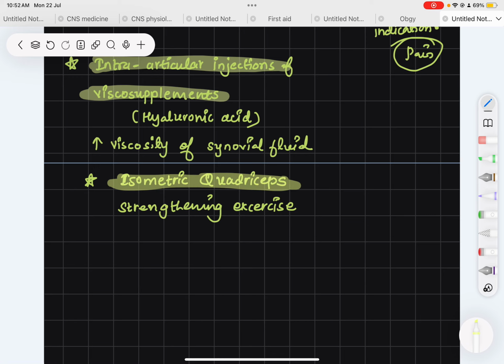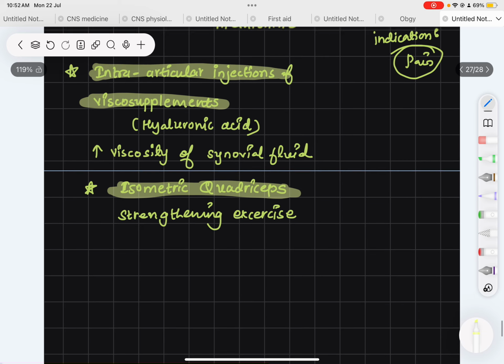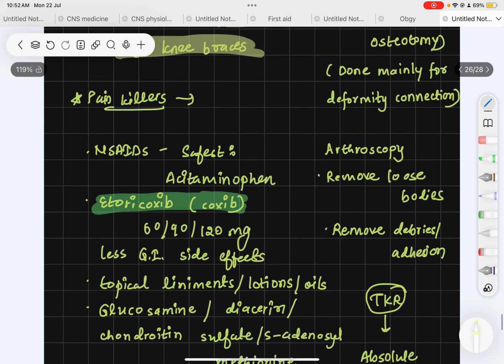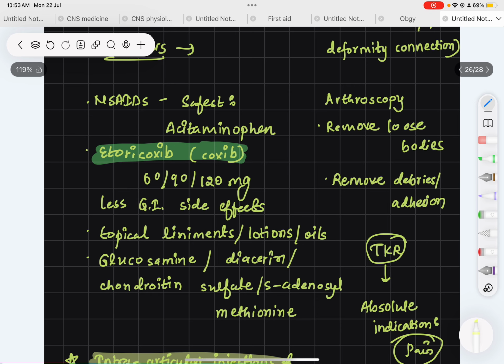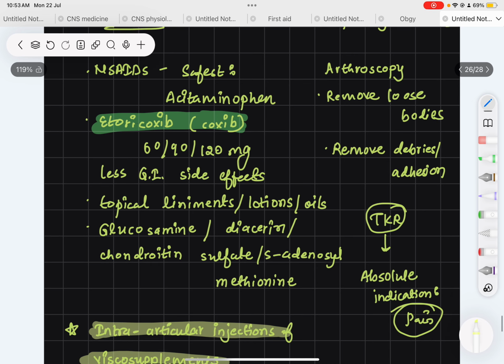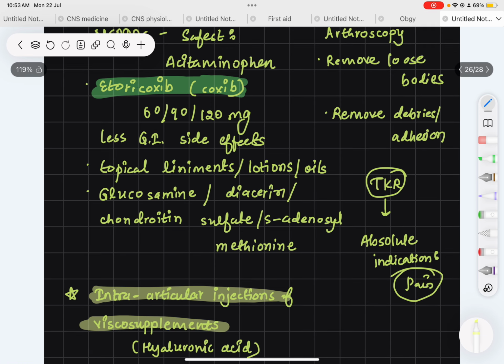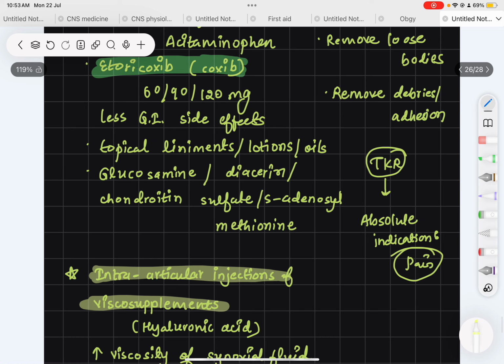And we can indicate some exercises like isometric quadriceps strengthening exercise. Now the painkillers: we can start off with NSAIDs, and the safest one is paracetamol, acetaminophen, and etoricoxib is a wonderful drug with fewer GI side effects.